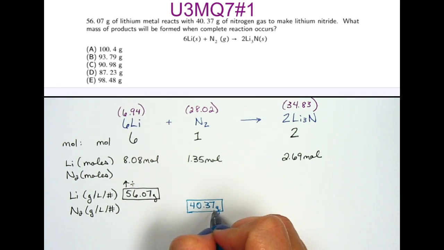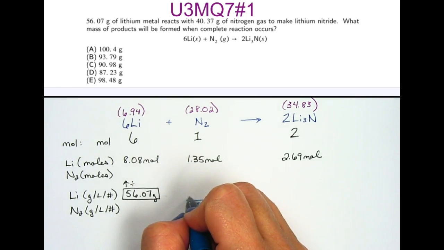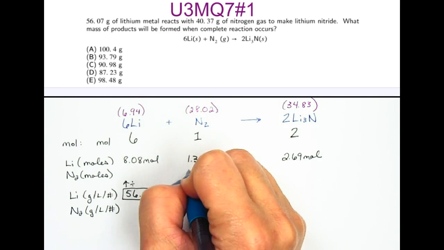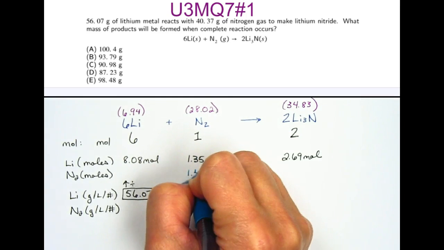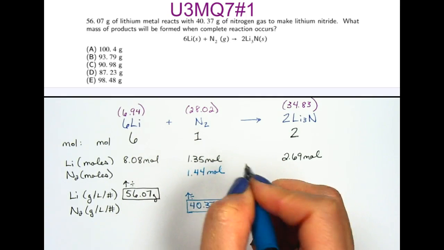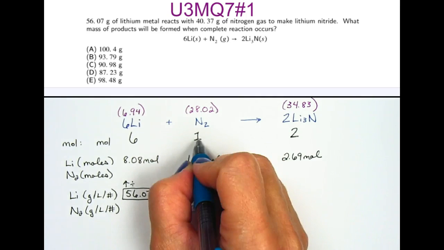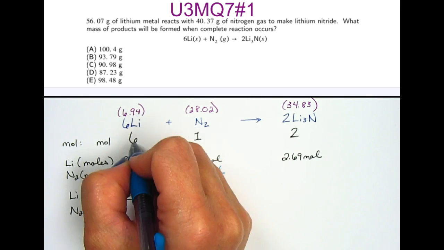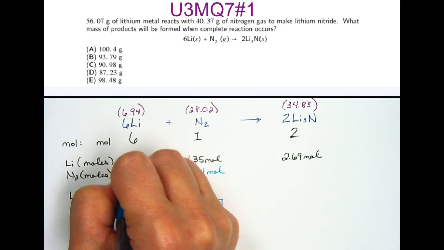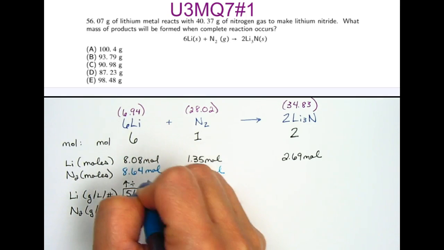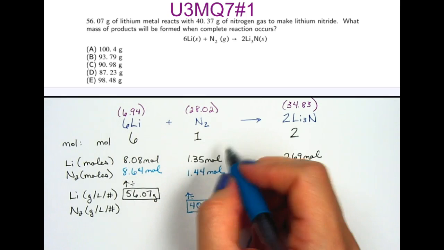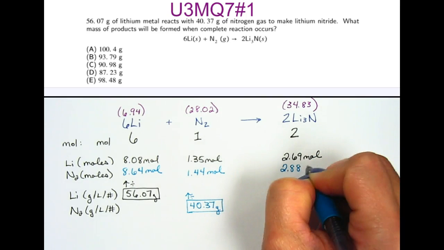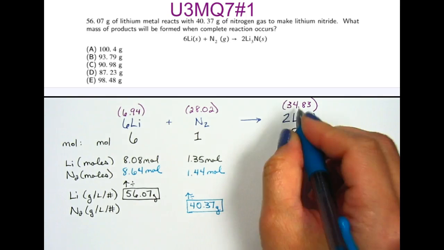So 40.37, and I will again divide by this molar mass up here, is going to give me 1.44 moles of nitrogen. This has a 1 to 6 ratio with lithium, so if I did 1.44 times 6, I would have 8.64 moles of lithium that I would consume, and then 1.44 times 2 means that I would produce 2.88 moles of lithium nitride.